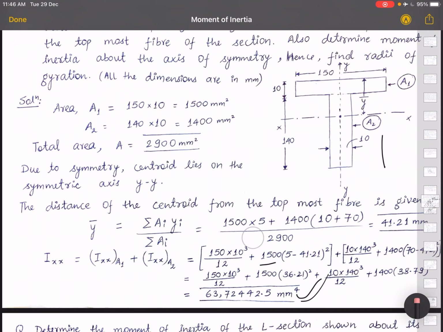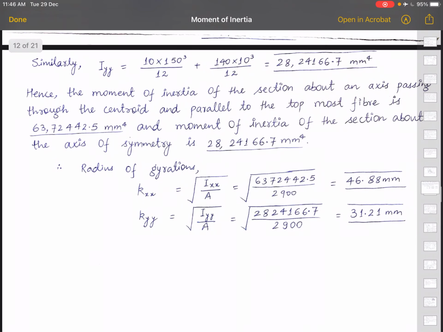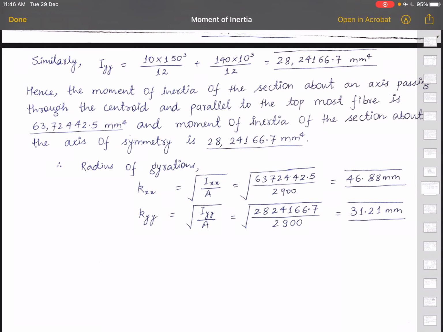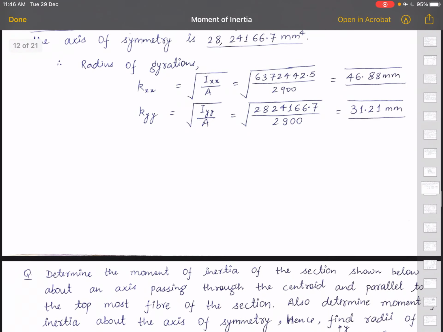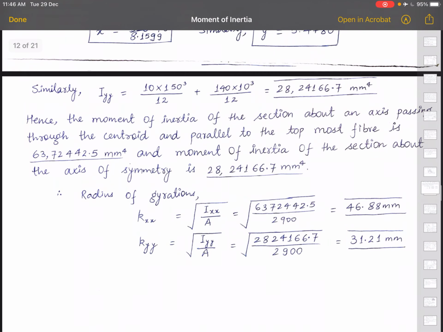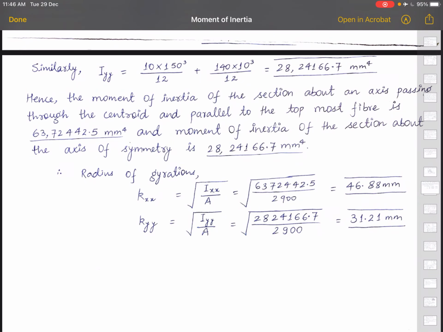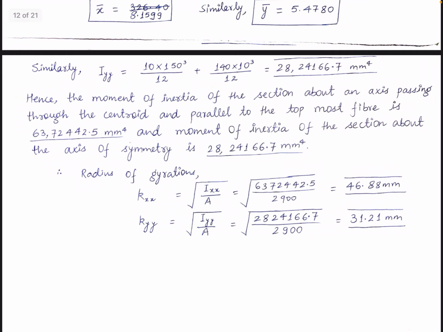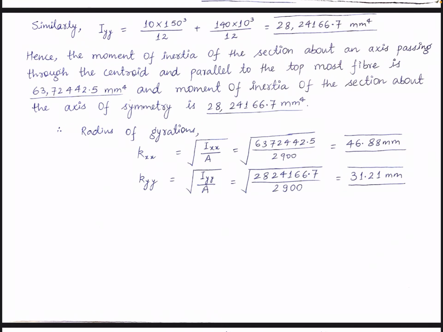Now we have to calculate the radius of gyration also. So this was Ixx. Now Iyy will simply be the sum for the two areas. Why are we simply adding? We are not using the parallel axis theorem, because the axis of symmetry is our centroidal axis.